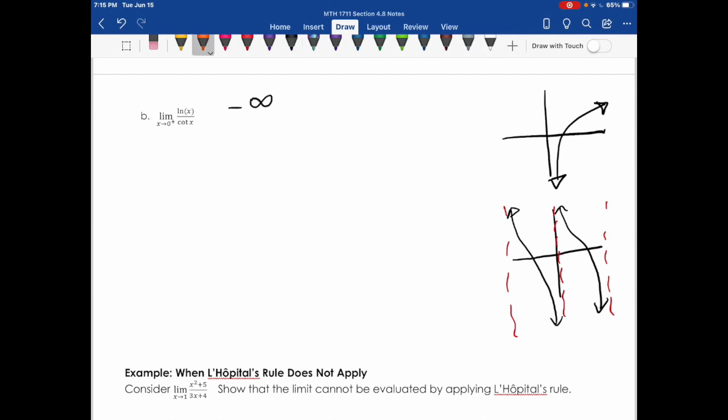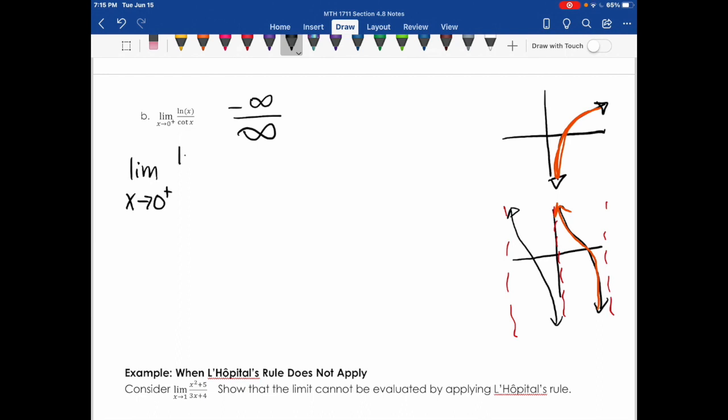On the top, we're going to actually have negative infinity, because if you look at the graph of the natural log of x and you trace it approaching 0 coming from the right, it's going to be negative infinity. Now coming from the right, looking at cotangent, it's going to go to positive infinity. So we have that indeterminate form, and we can apply L'Hopital's rule.